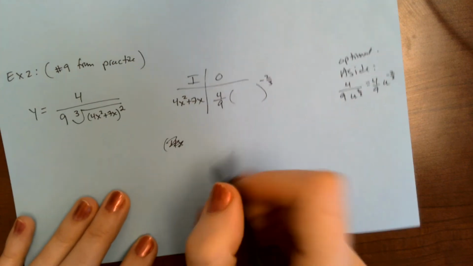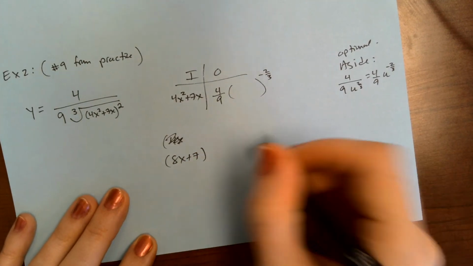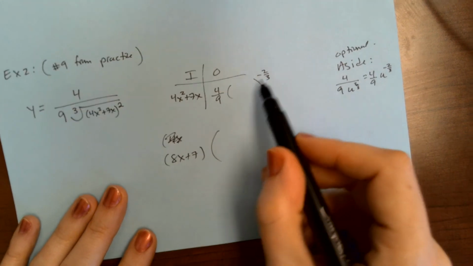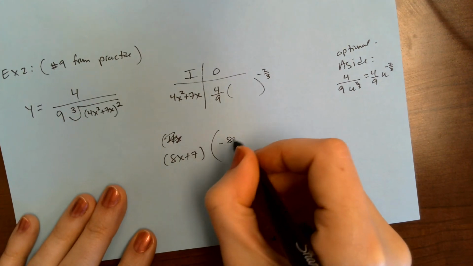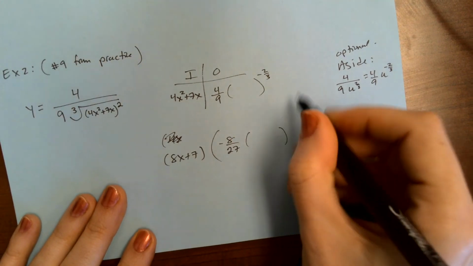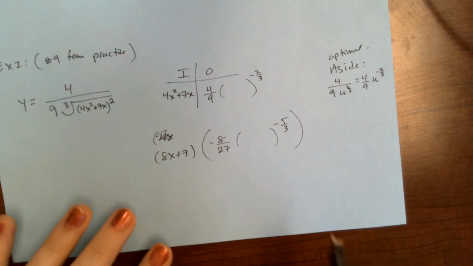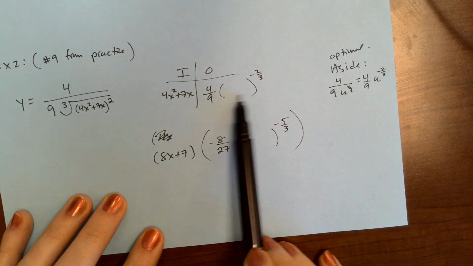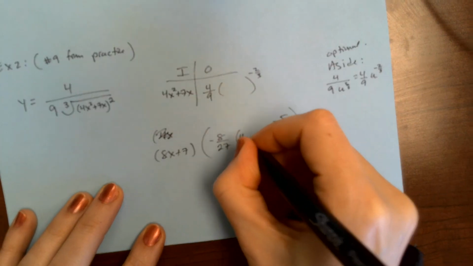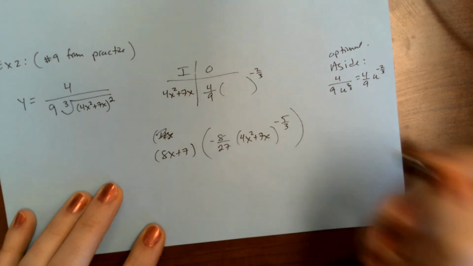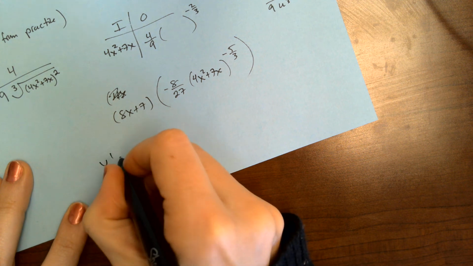I take the derivative of the inside. Oh, it's the same: 8x plus 7. And then the derivative of the outside, so 4/9 times negative 2/3 is negative 8/27 blank to the negative 5/3. And what used to be in the blank goes back there: 4x squared plus 7x. All right, let me just bring the coefficient in the front.